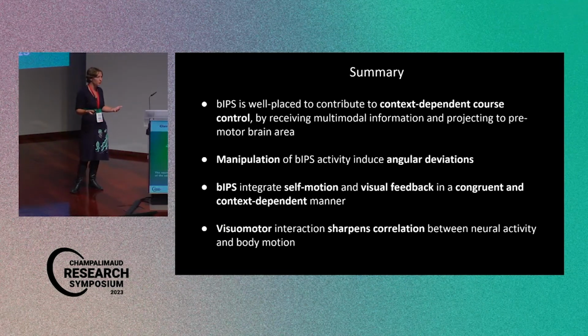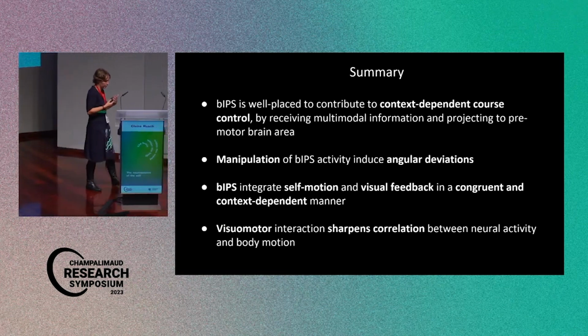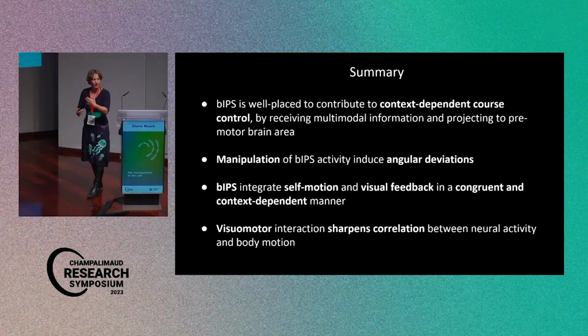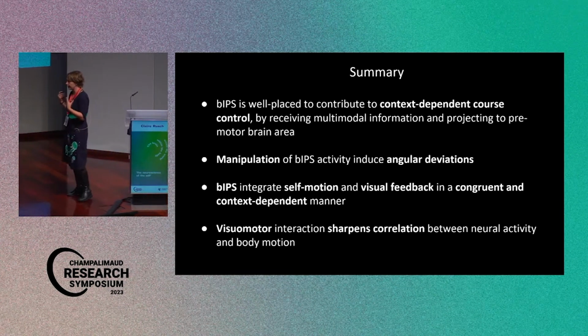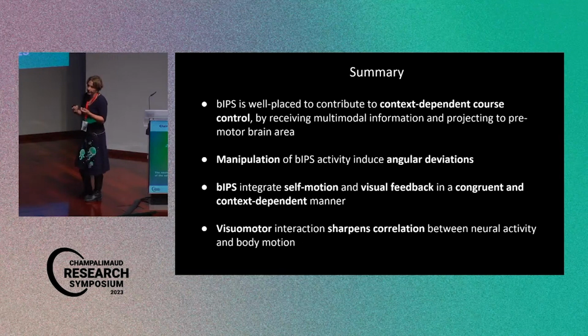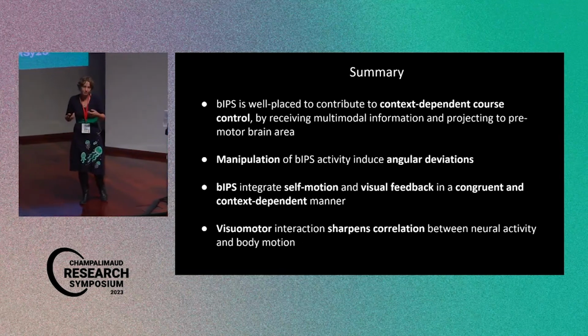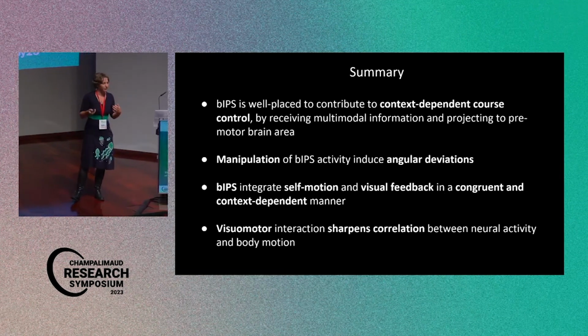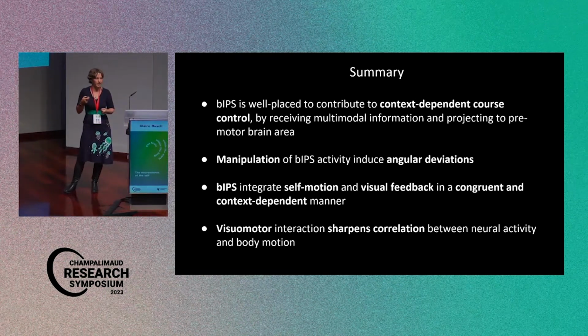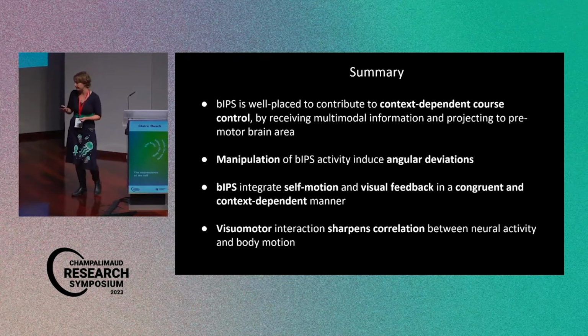It's very much like you: if there is a lot of wind, you need to walk faster to reach the same visual feedback. So I believe that BIPs has to be flexible if it wants to have this very good representation of body motion. And again, because it's the fly, we can put them in VR, record from the neuron, and start changing the rules of the game and change the way its motion is going to impact what it sees.